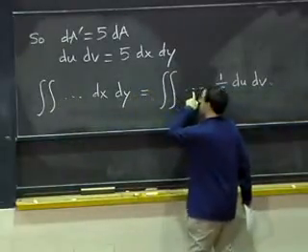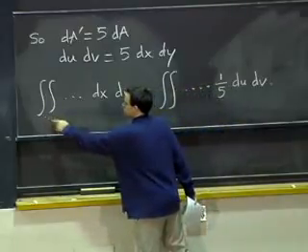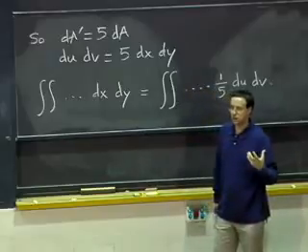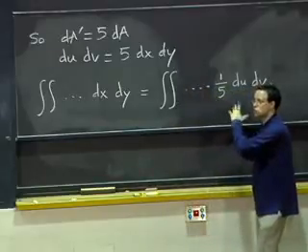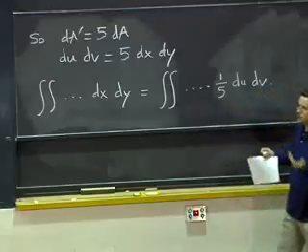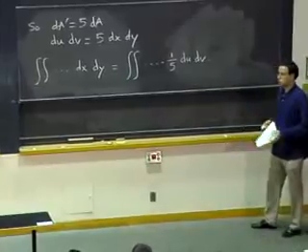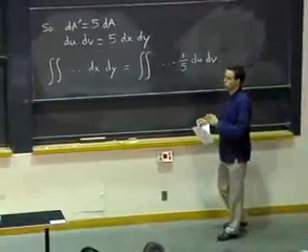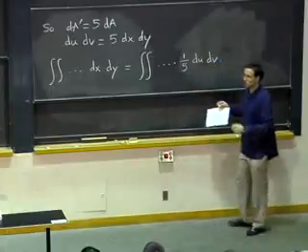I will replace them by u's and v's. And the bounds, well, the shape of my region in the xy coordinates, I will have to switch to some shape in the UV coordinates. And that's also something that might be easy or might be tricky depending on what region we're looking at. So usually we'll do changes of variables to actually simplify the region, so that it becomes easier to set up the bounds.